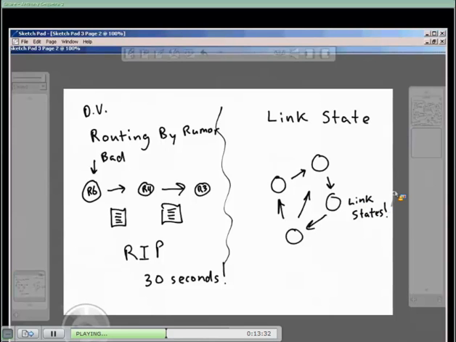So each router floods its link state information out to the other routers, and now they all independently build a map of the network. Notice they are not relying on the map of somebody else. They all, in a safe and loop-free manner, build a map of the network based on the link state information that each router generated. This is a much more efficient, much safer way to go.